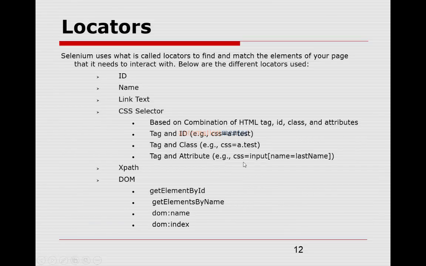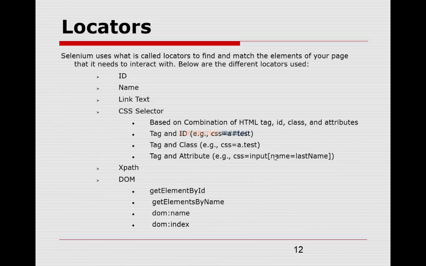Similarly, I can use the attribute as well, like the anchor tag or input as the tag here, and the attribute is name. For that matter, I can use any attribute, like class or href, or any attribute available with respect to that particular HTML tag.